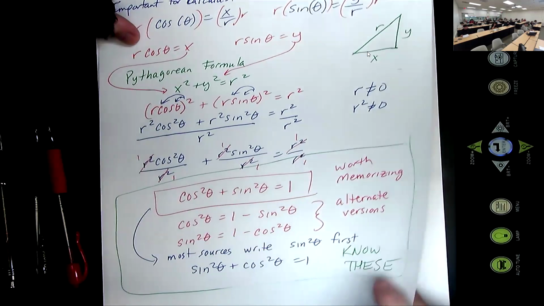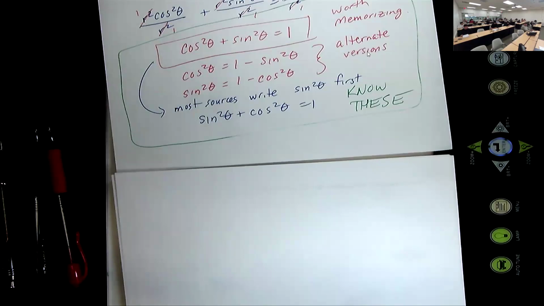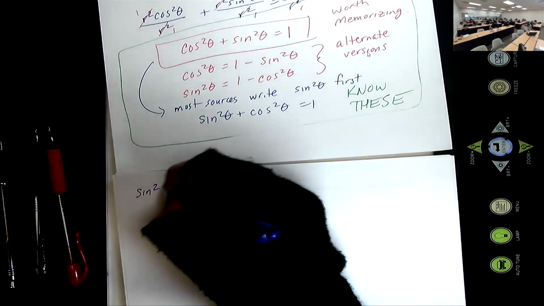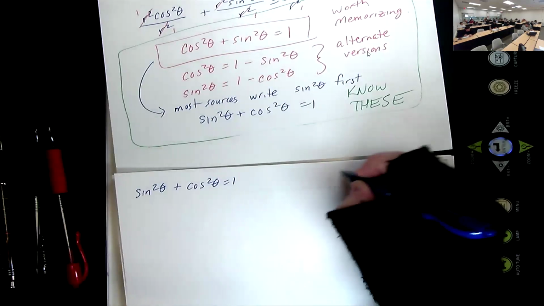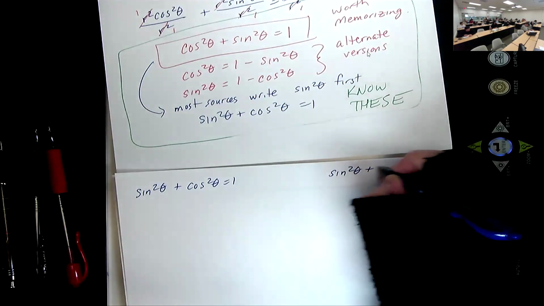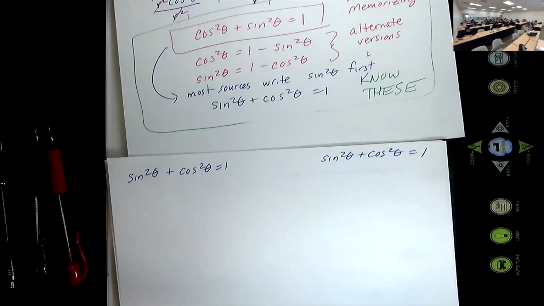Alright, let's get to the other two that come from this that are very important. I'm going to do both of them. I'm going to write down the original equation and show how you get the other two.